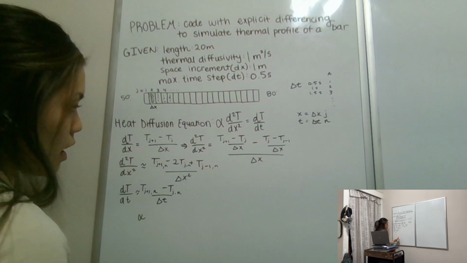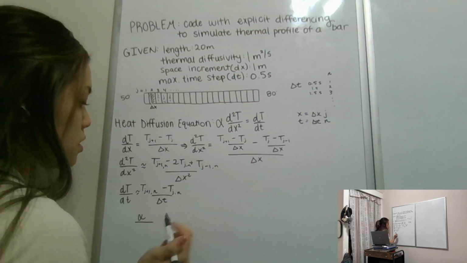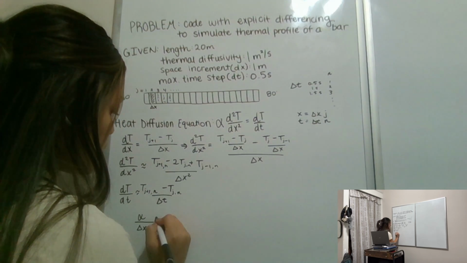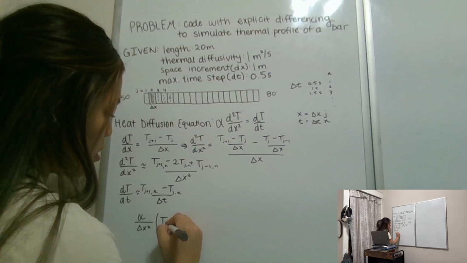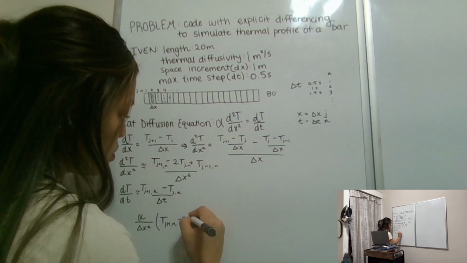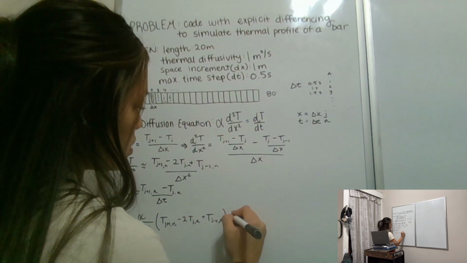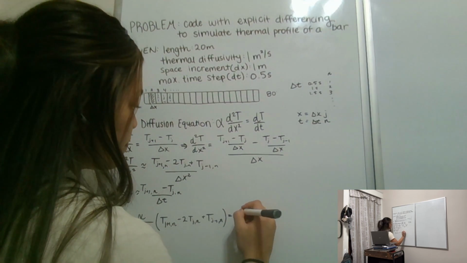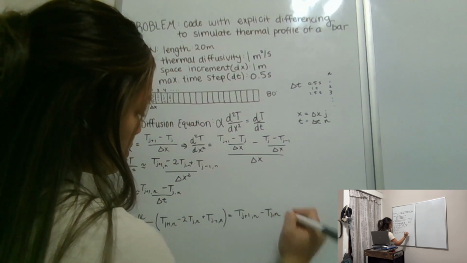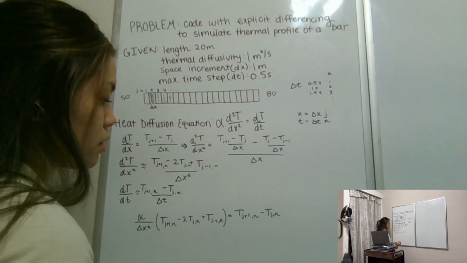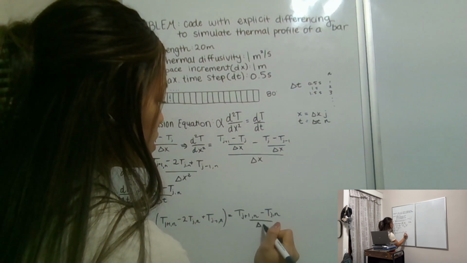We would have the thermal diffusivity alpha divided by delta x squared, which leaves us with the numerator: the temperature at J plus 1, n, minus 2 times the temperature at J, n, plus the temperature at J minus 1, n, is equal to this approximation on the right: the temperature at J, n plus 1 minus the temperature at J, n, divided by delta t.